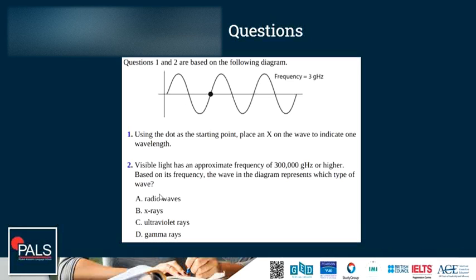The correct answer here is radio waves. It's the only wave that has a lower frequency than visible light, with 3 GHz.